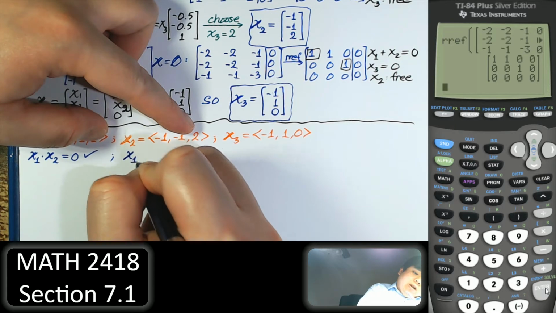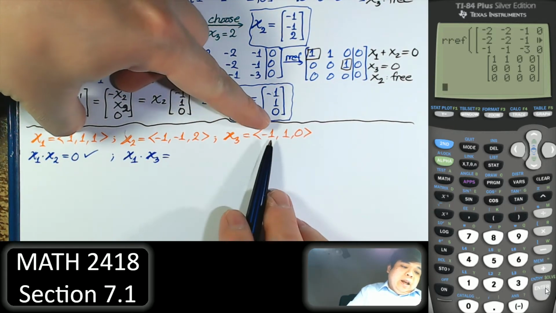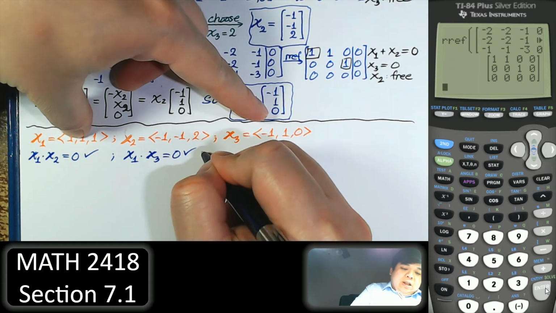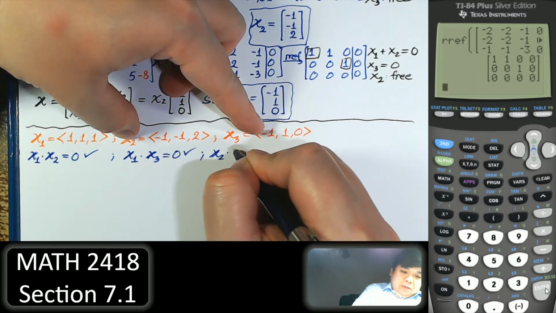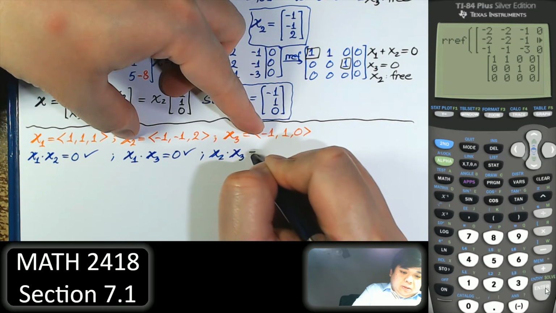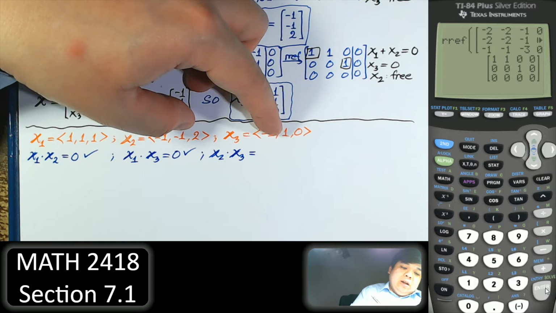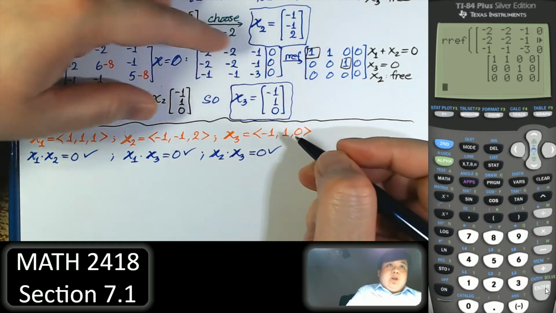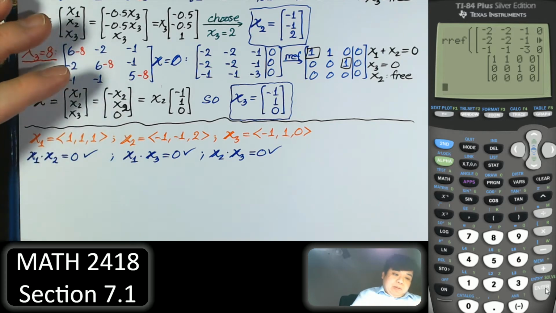Now x1 dot x3 is -1 plus 1, 0, so that is also 0. And then x2 and x3: 1 minus 1, 0. So x1, x2, x3 form an orthogonal basis.